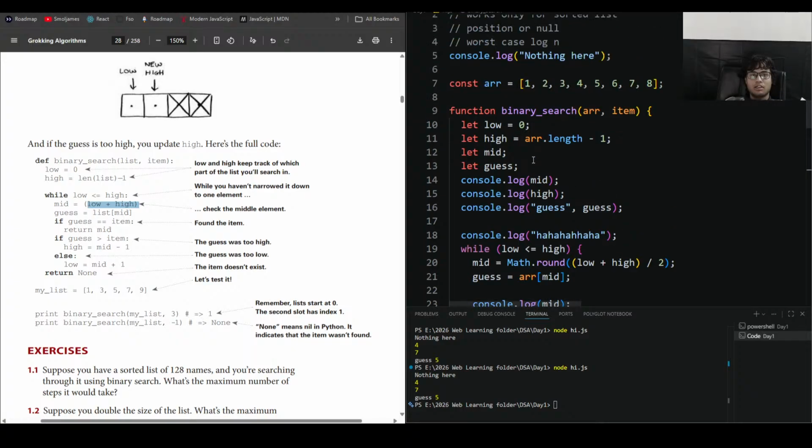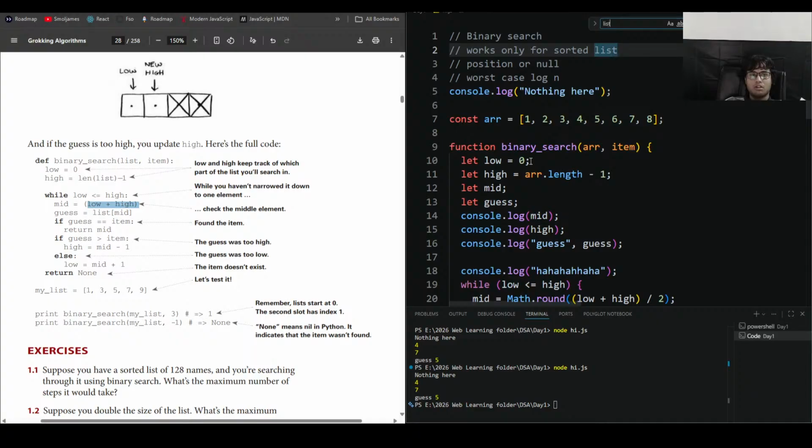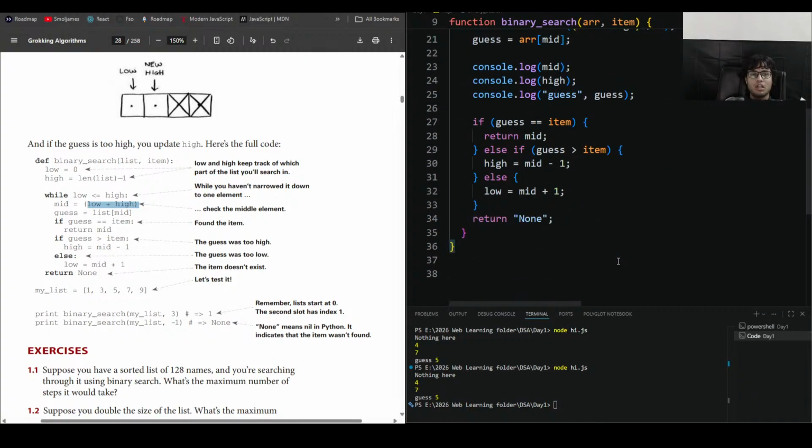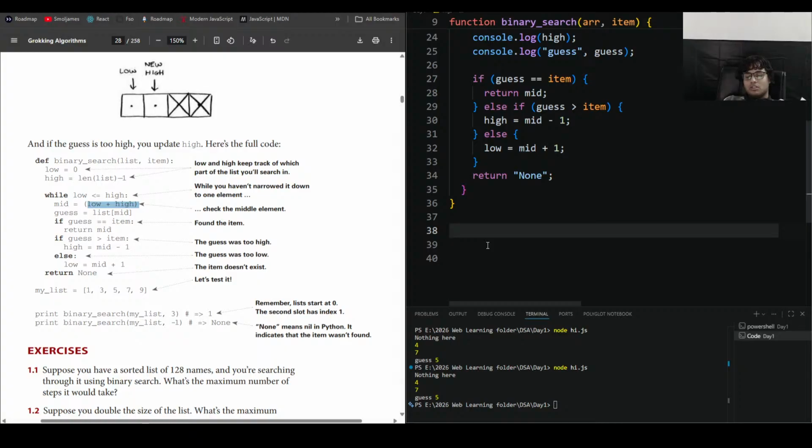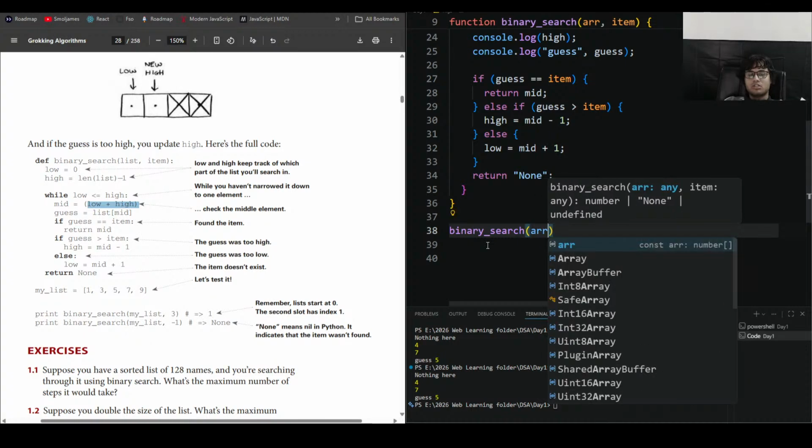Did I write it? Do I have a list? Okay. Binary search.